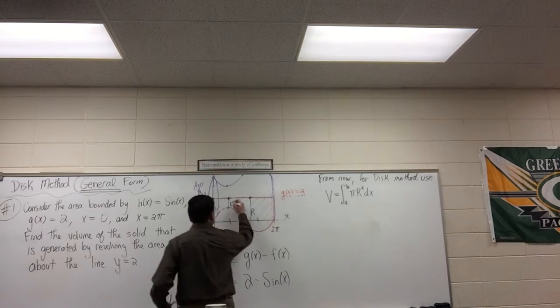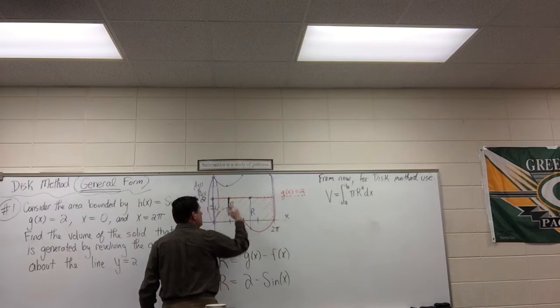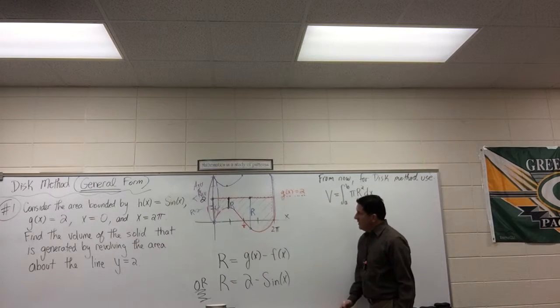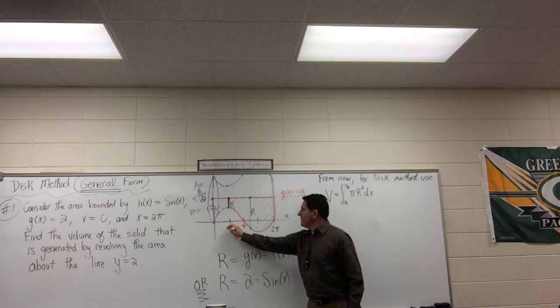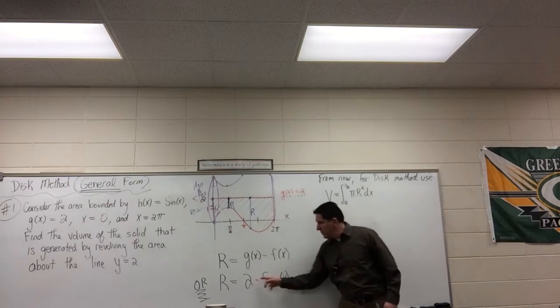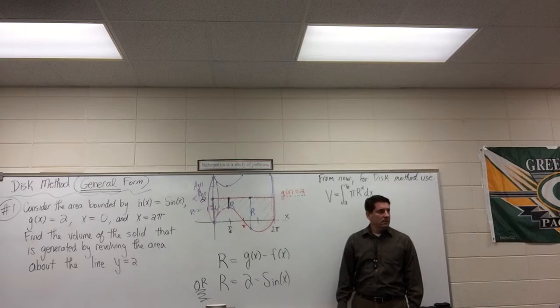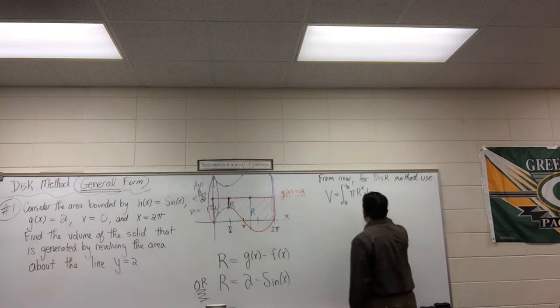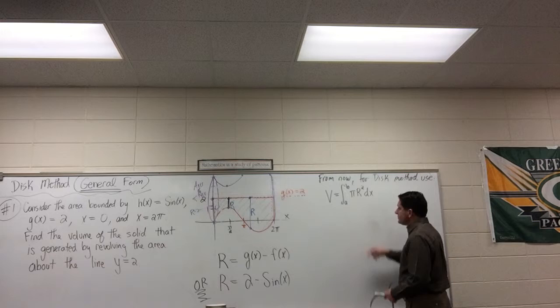What do you think the radius is right here? 1. It's exactly 1. This is at pi over 2. What's the sine of pi over 2? 1. 2 minus 1 is 1. This formula tells you the radius at any given moment. That's what we're going to plug in right here.